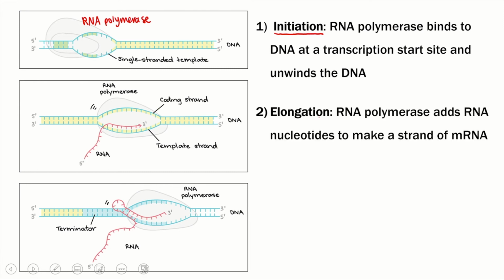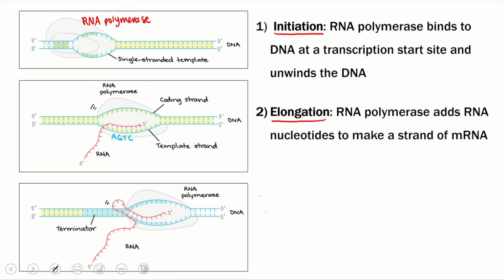Now once we have this template, we're going to be able to add some RNA base pairs. And this is going to happen during elongation. So RNA polymerase will add our complementary RNA base pairs to make a strand of mRNA. So this blue strand here is going to be our template strand of DNA. Let's say that these bases were A, G, T, C. And let's add our complementary RNA base pairs.